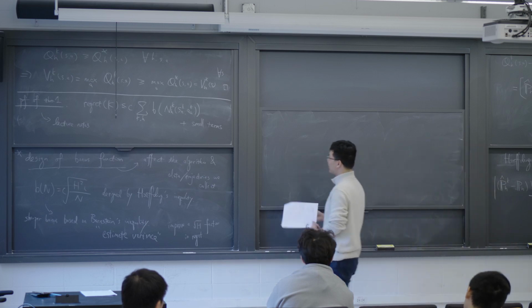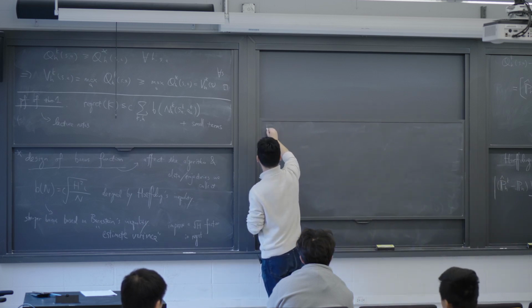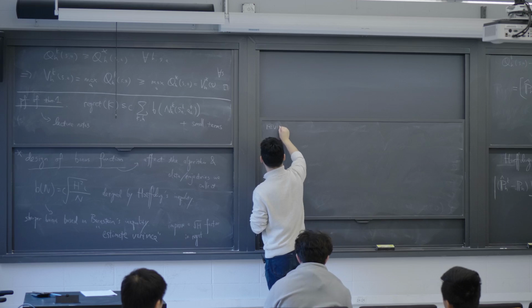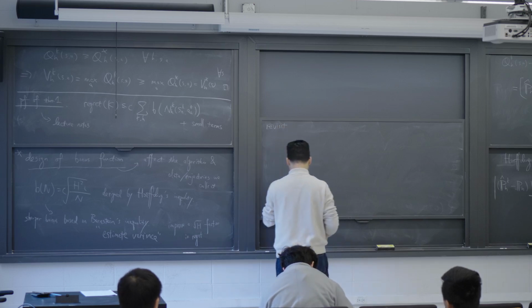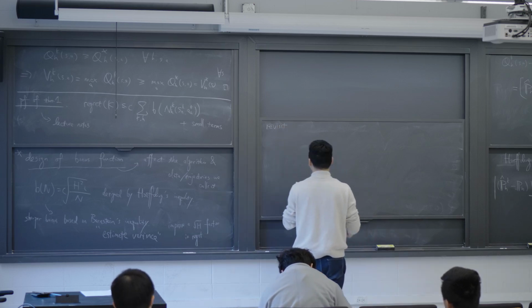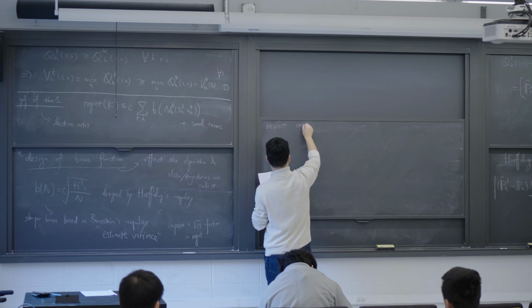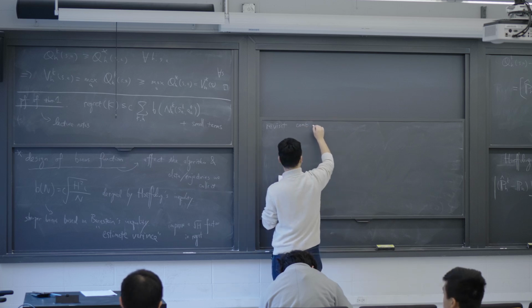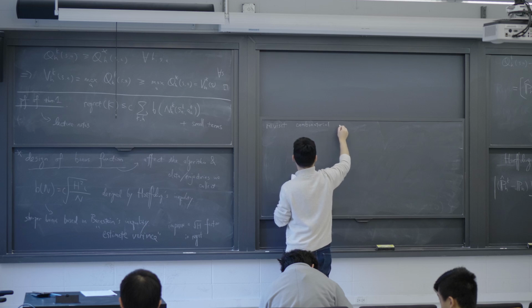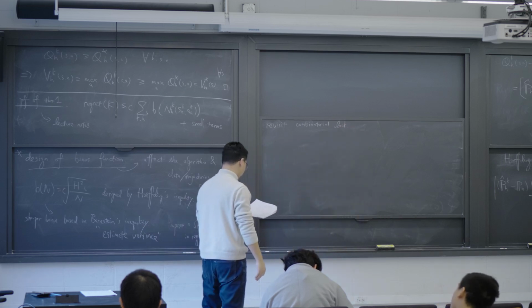So after we introduce the entire UCB VI algorithm, we want to revisit the hard instance we talked about, which makes exploration very difficult, the combinatorial lock. Why is UCB able to solve this problem?